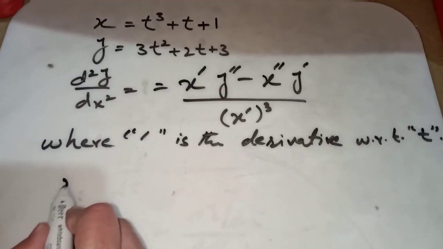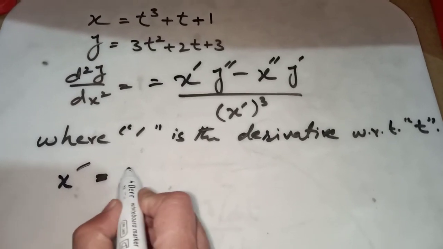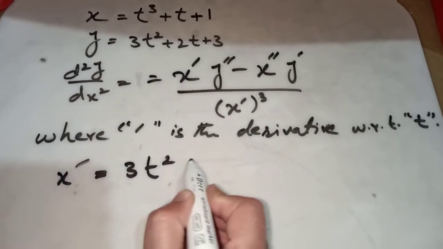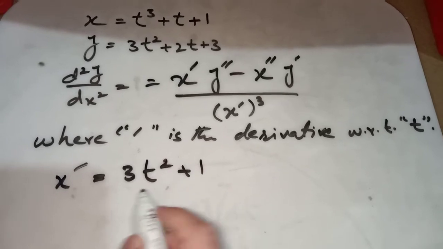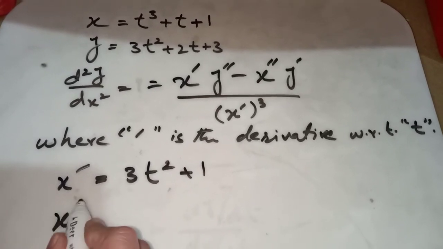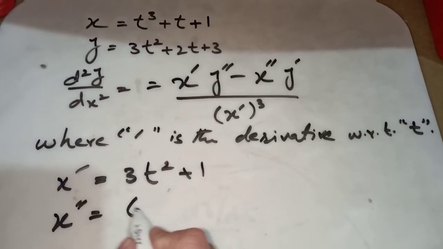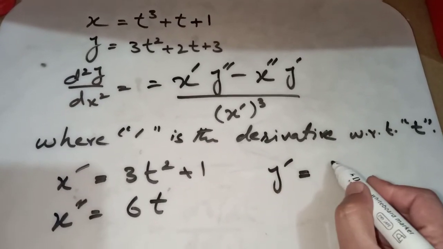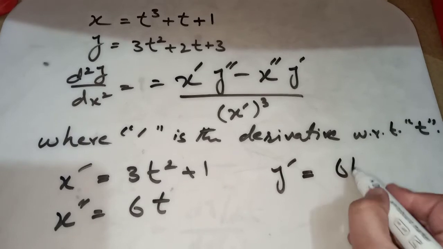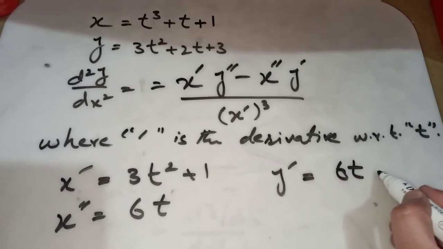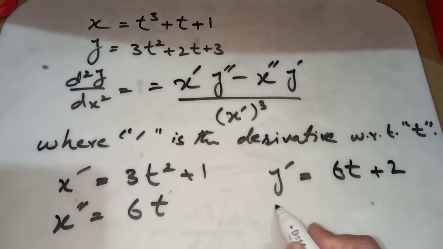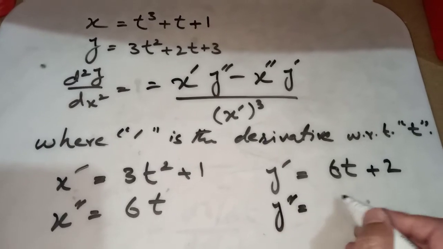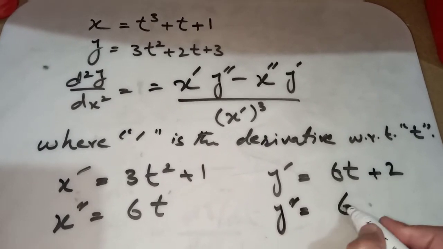First of all, x dash will be 3t square plus 1, and x double dash will be 6t. Now y dash will be 6t plus 2, and y double dash will be 6.